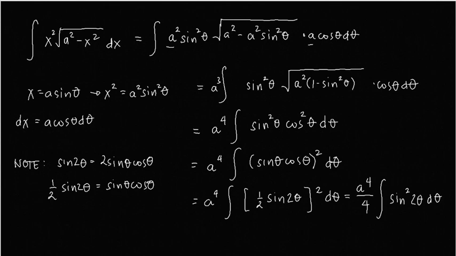d theta. And again, using trigonometric identities, that sine squared of 2 theta is equal to what? 1/2 times 1 minus cosine of 4 theta.